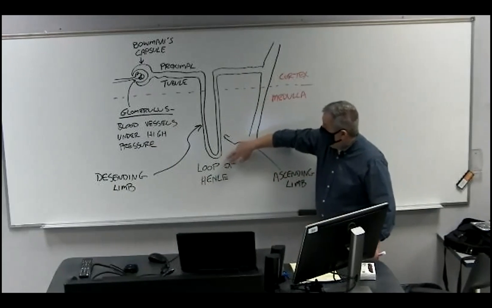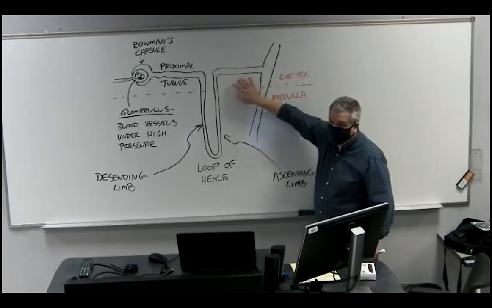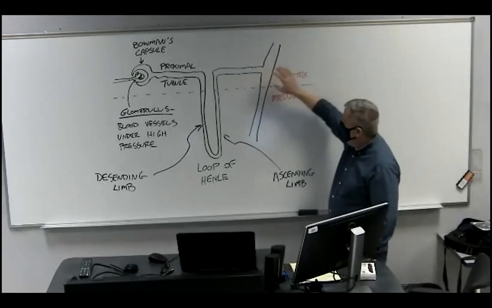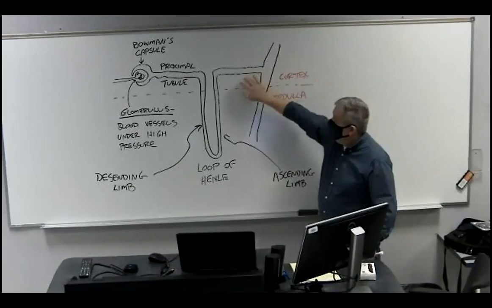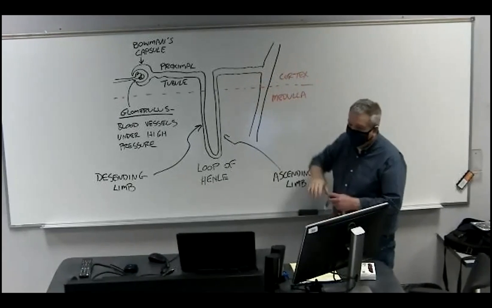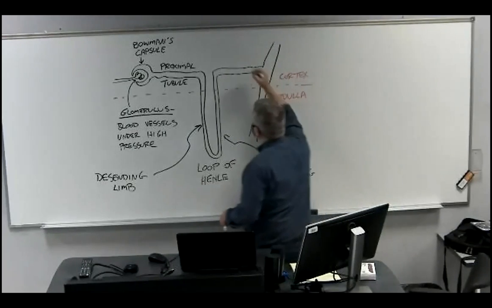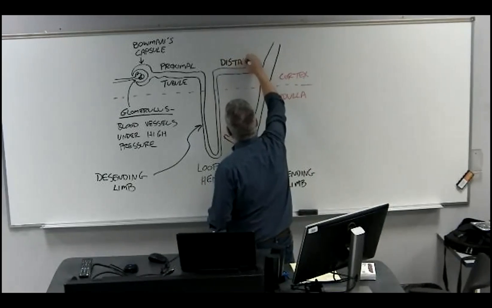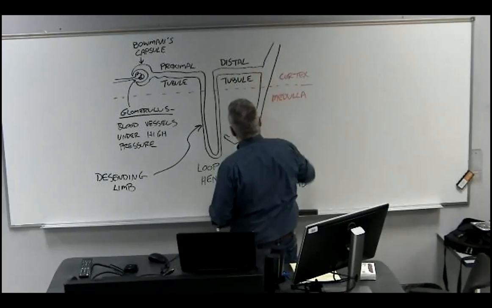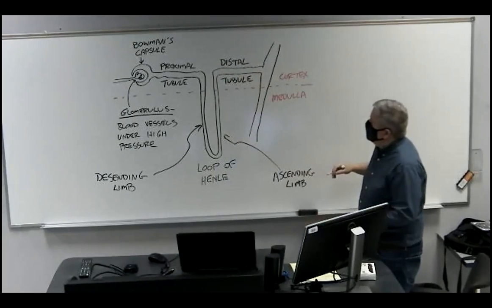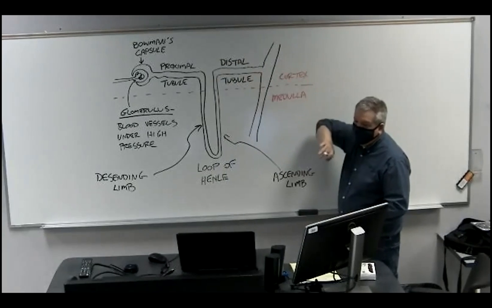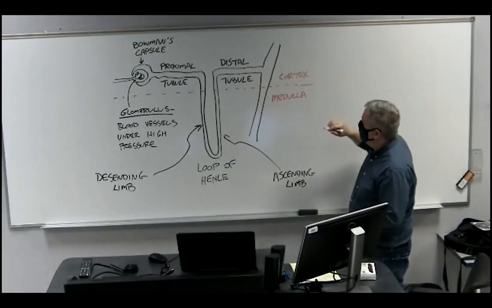Okay, so as we go back up into the cortex, this part here that connects to the ascending limb of the loop of Henle is called the distal tubule. And the distal tubule connects to this part here, which is called the collecting duct.